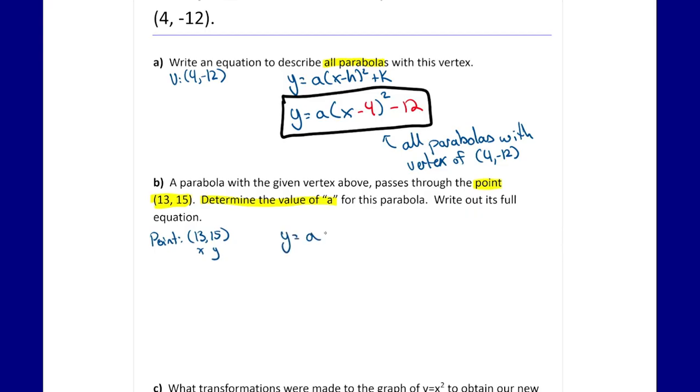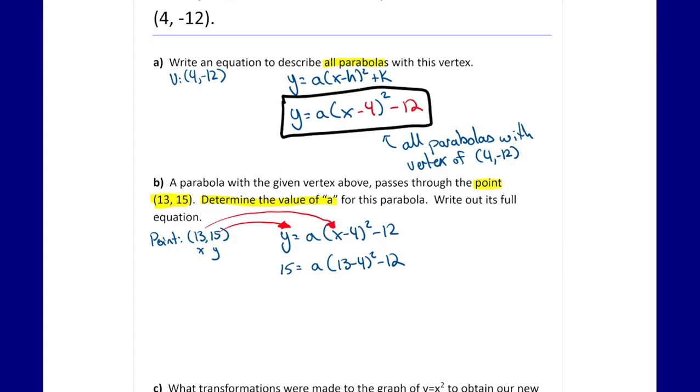y equals a(x - 4)^2 - 12. This 13 is going to sub in for x because that is my x value, and this 15 is going to sub in for y because it's my y value. So I have 15 equals a(13 - 4)^2 - 12.